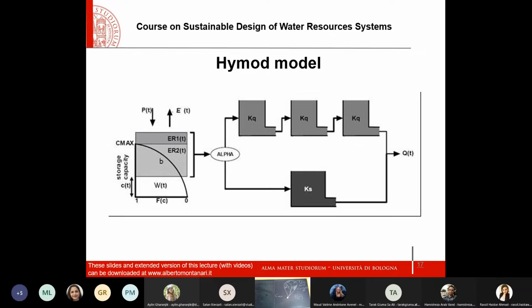And with some differences, because I don't want to discuss it, but you see that the storage is here and the surface runoff is here, above the curve. So you can recognize more or less the same. Here you see there is 1 here and 0 and Cmax here, so this is turned around. In my graph, 0 was on the left, in the lower curve, so it's turned around, but it's the same graph.